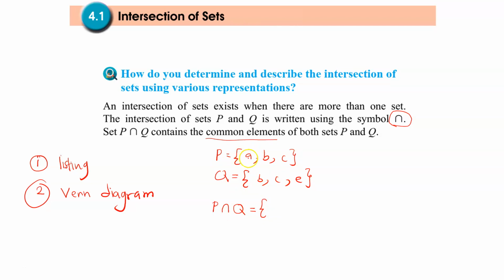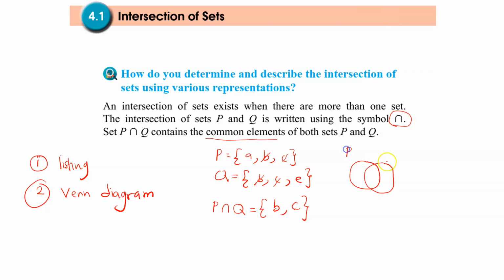So, what is the intersection for this example? A only P has, Q doesn't have. Both of them have B and C. So, B, C is the intersection element for P intersect Q. So, we can say P intersect Q is B and C. Or if using a Venn diagram, since P and Q share elements B and C, your Venn diagram must overlap.